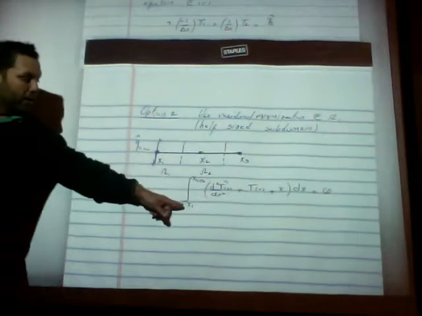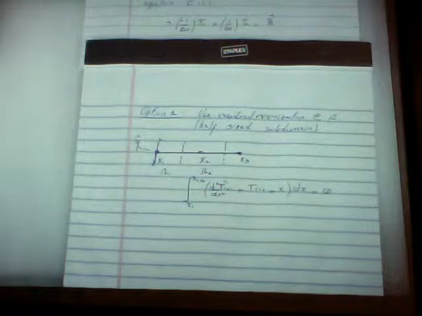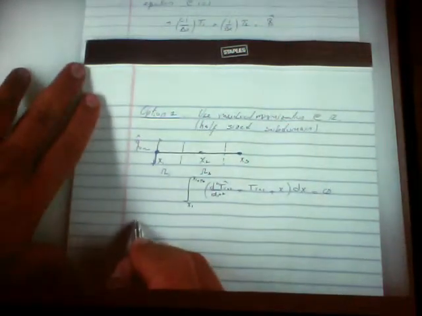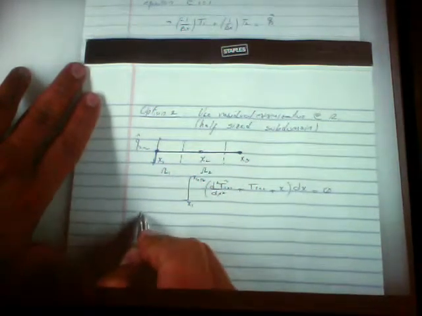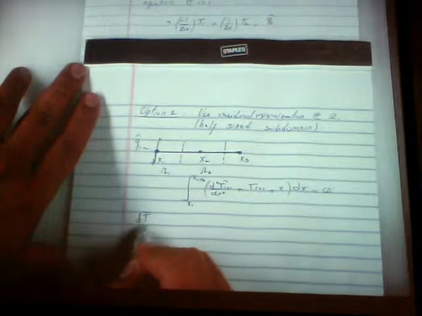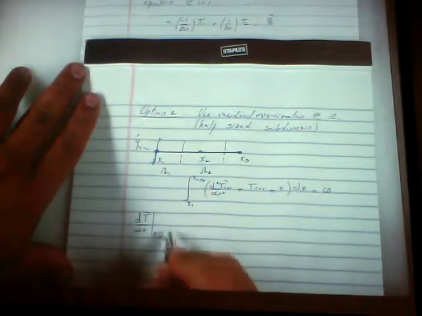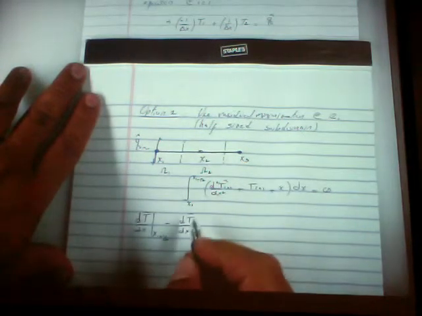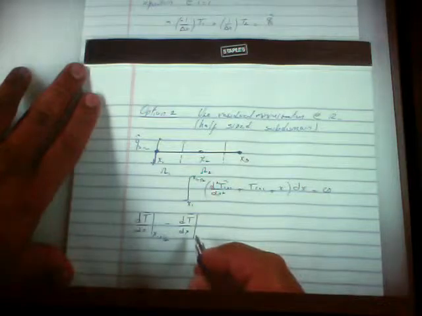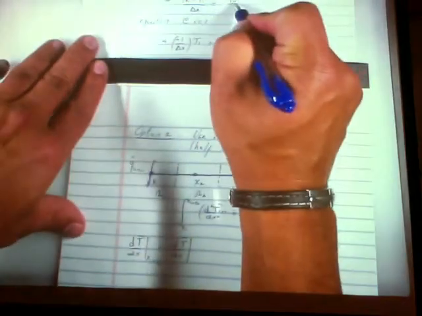See, it doesn't go from x1 minus a half to x1 plus a half. So we're going to do exactly the same, simply that this would be the second derivative, dT/dx at x1 plus a half minus dT/dx up here, dT/dx is Q0 over k.